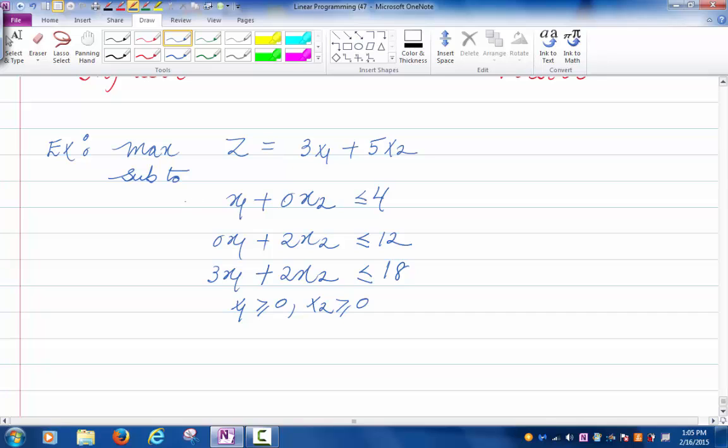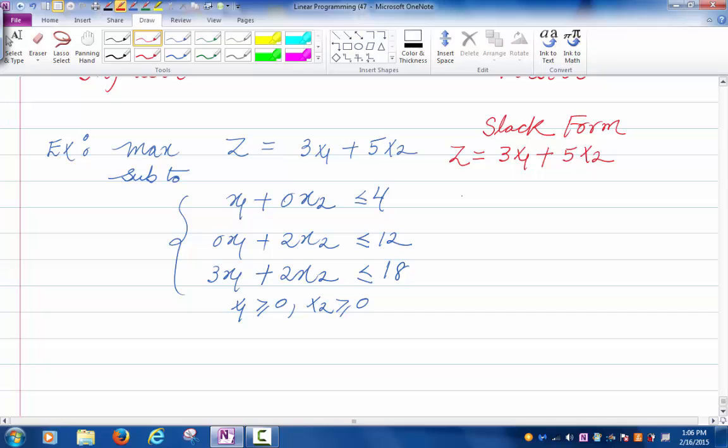And what was our first step? You guys remember the first step? The first step is that I have to write down the slack form, right? Slack form. And what is that? The objective is the same, right? In the slack form, the objective is still the same, 3x1 plus 5x2.